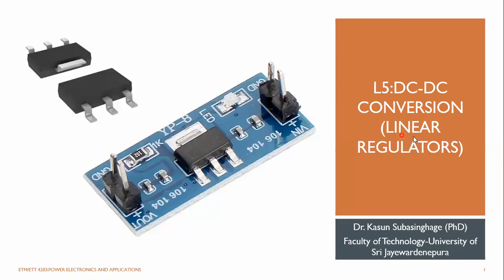Okay, so in a DC to DC converter, you have a DC supply, and you want to take a fixed or adjustable DC output from the output of the converter. So the linear regulator is the simplest form of a voltage regulator, where you have this kind of three pin device: supply, ground, and output.